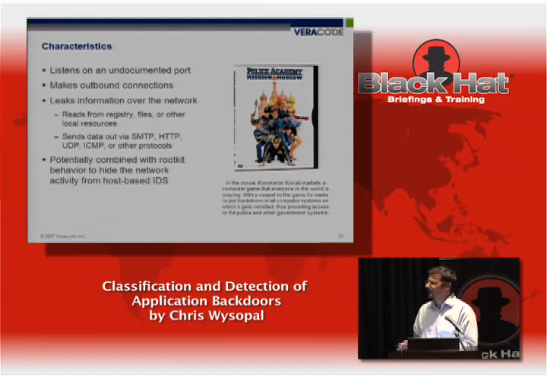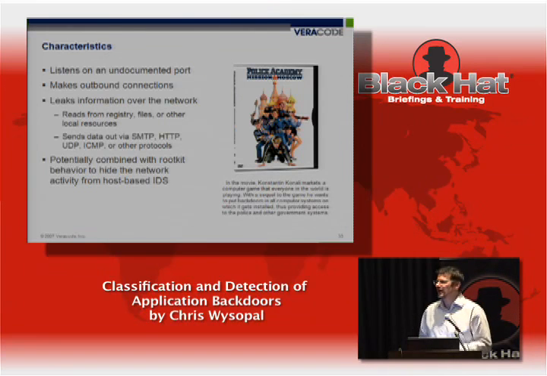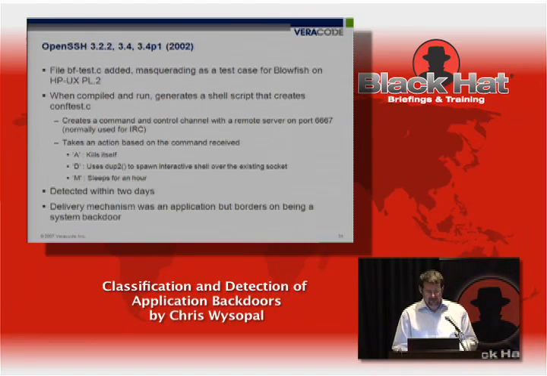We also found that in certain cases, this network activity was hidden from the administrator on the local system because there was rootkit behavior in the software that tried to hide the network activity from someone inspecting the system at the host level. So inspecting at the network level from another system is a much better way to find these.